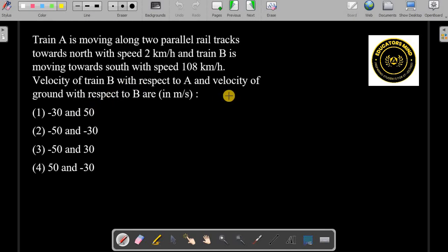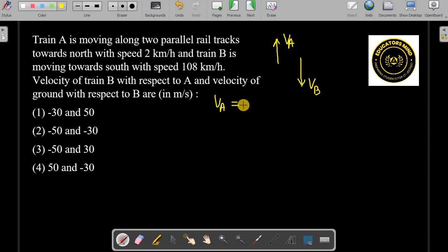First of all, these velocities we should try to convert into meter per second. So velocity of A is 2 km per hour north. Here we need to take some direction because velocity has direction. If you take towards north, it is in this direction, and towards south in this direction. So velocity of A will be upward, upward means front, and the velocity of B is backward, because north, south, east, west is defined in a horizontal plane.